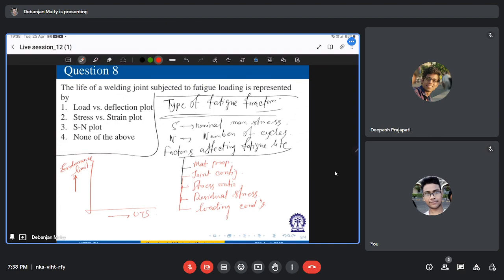So the graph will say that normally for many materials. Now for a typical material, the fatigue behavior will depend upon the surface properties or surface characteristics, in fact, right?